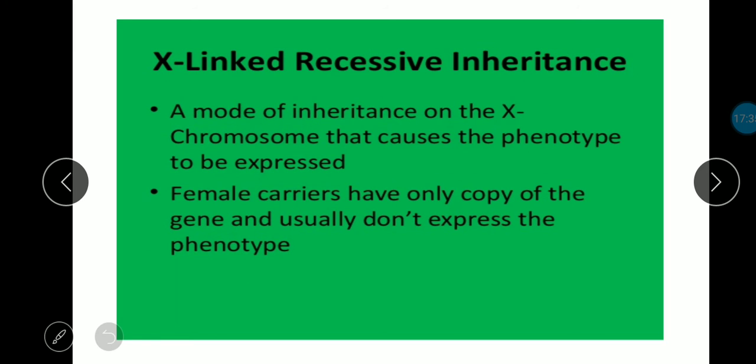X-linked recessive inheritance means a mode of inheritance of an X chromosome that causes a phenotype to be expressed. Female carriers have only one copy of the gene and usually don't express the phenotype when it is recessive.